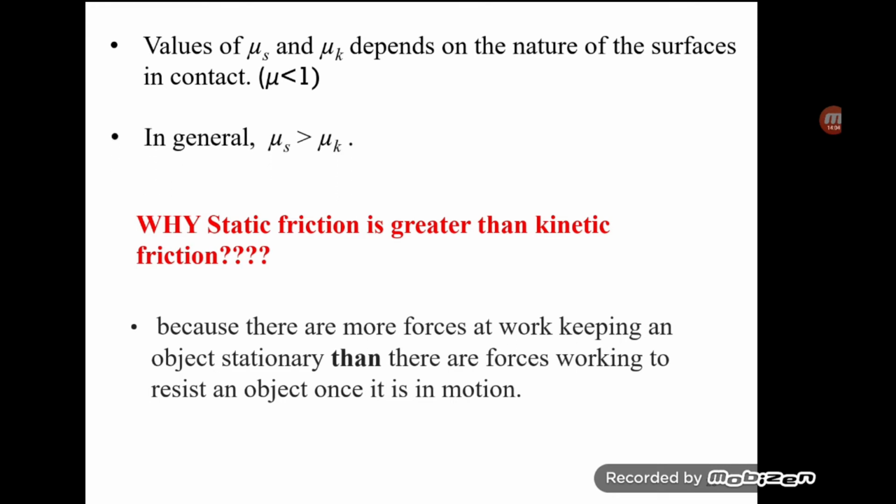The values of μs and μk depend on the nature of the surfaces in contact. Normally the coefficient of friction is less than 1. So in general, μs is greater than μk.